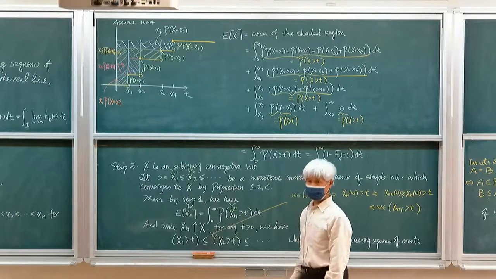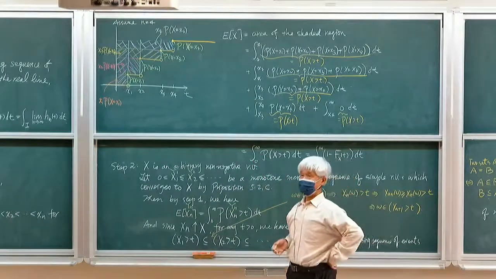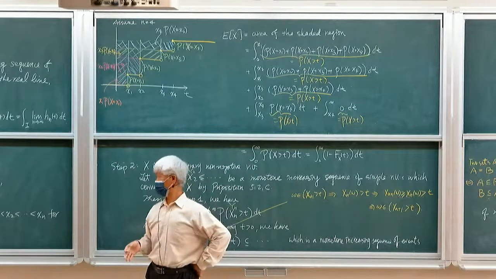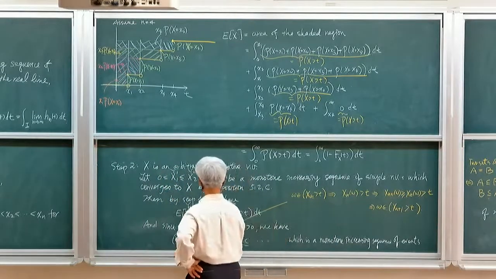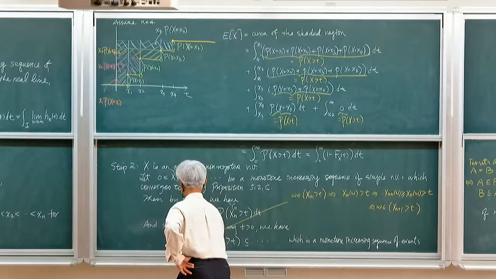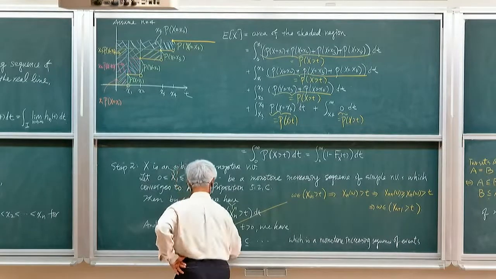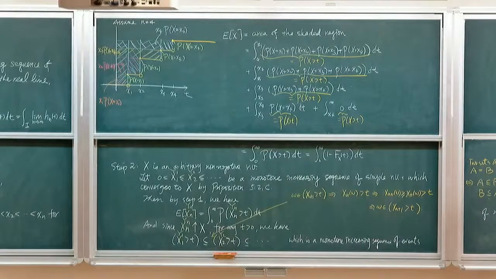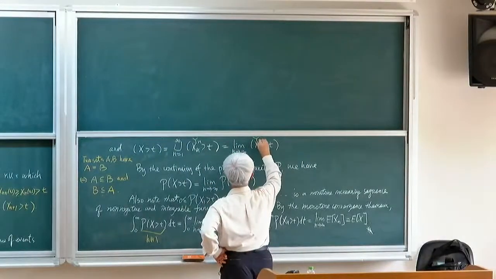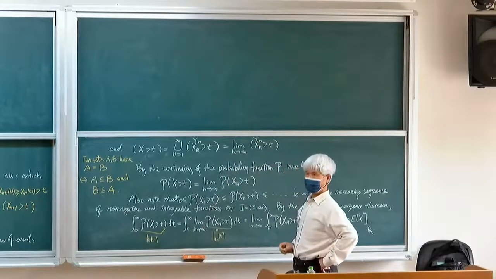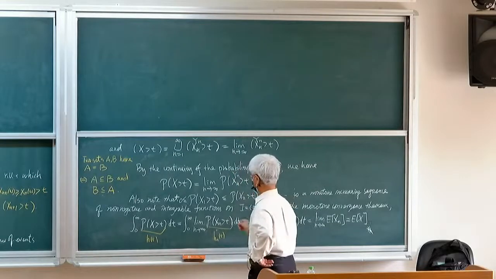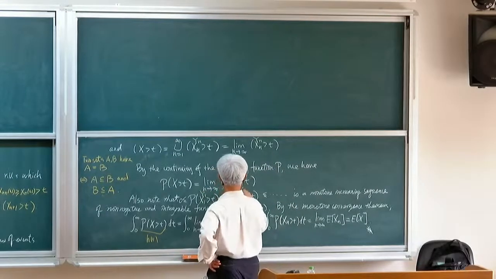So you replace X_n by Y_n, another monotone increasing sequence of simple non-negative random variables.